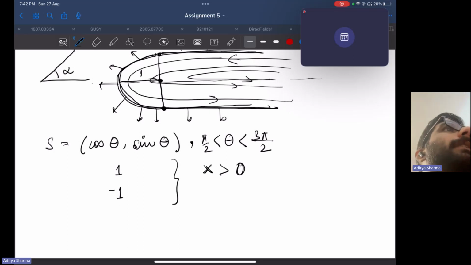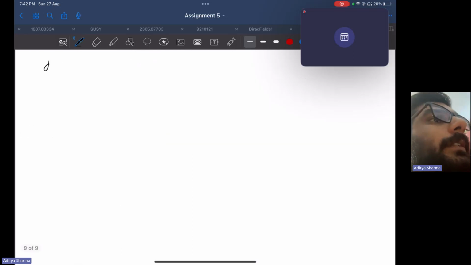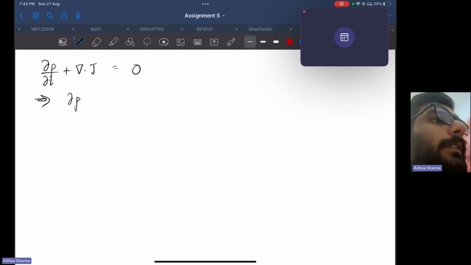So let us start by writing the continuity equation. Continuity equation is del rho by del t plus del dot j is equal to 0. J can be written as, del rho by del t implies this is 0 because fluid is incompressible, plus del dot j just becomes del dot v because rho is a constant.